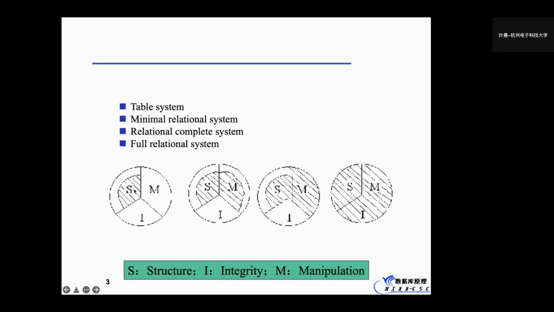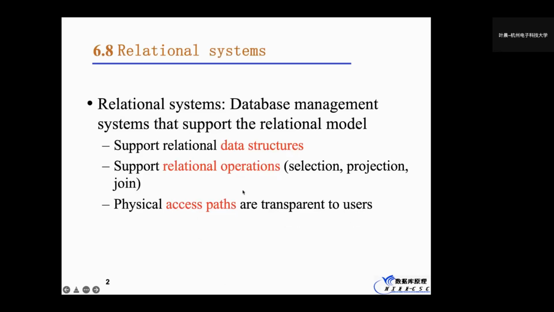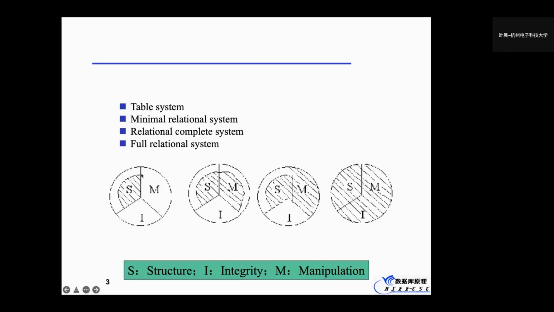And here, this one has the S and M, these two, and we call it a minimal relational system. And here we have this one, we call it a relationally complete system. And this one has all these three functions, then we call it a fully relational system.